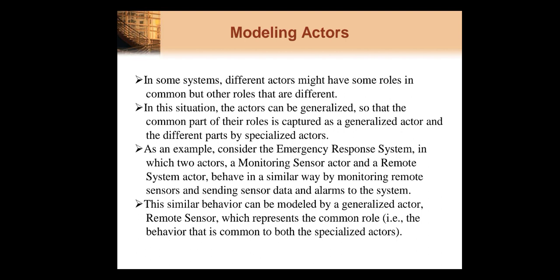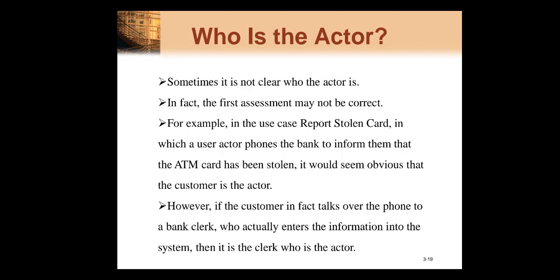For example, the emergency response system has two actors, a monitoring sensor actor and a remote system actor, which behave in a similar way for monitoring remote sensors and sending the sensor data to the alarm system to generate the alarm. This similar behavior can be modeled by a generalized actor, remote sensor, which represents the common role.